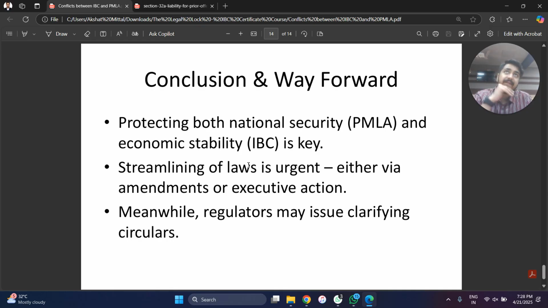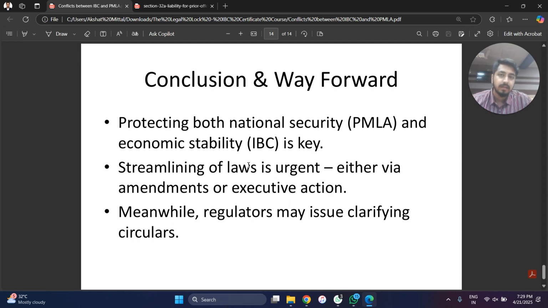Even when we talk about some other laws, for example SURFACE. SURFACE has not been repealed; it is there and it is being followed as well. SURFACE, being a purely debt recovery law, if there is a clash between IBC and SURFACE, the law is very clear, IBC will prevail.